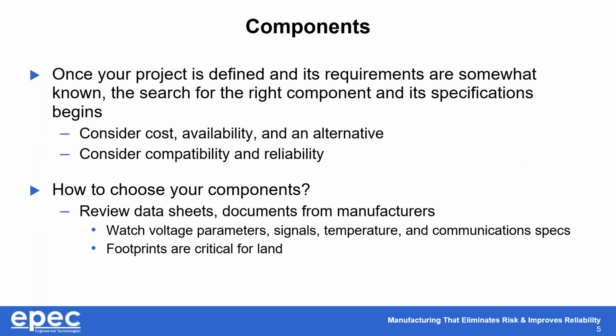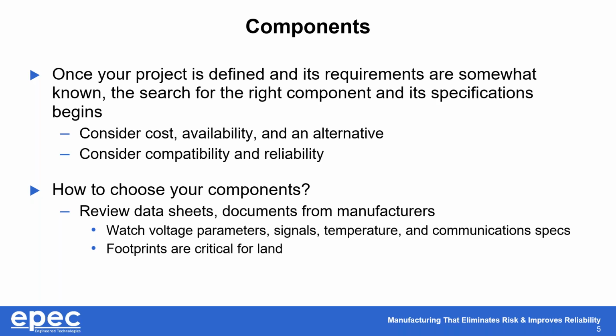Another thing we would like to know in advance is your components and how your project is defined, so we can have the right components and the right specifications to begin with. Consider your cost, availability, alternatives, compatibility, and reliability. How do you choose your components?